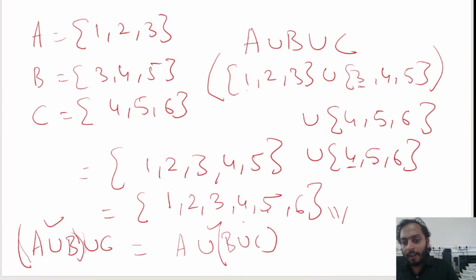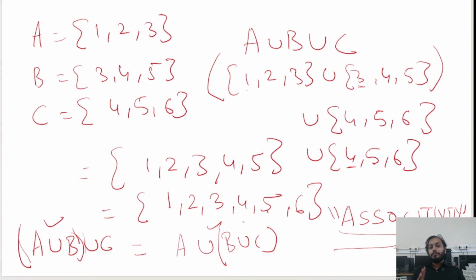And the name of this property is associativity. So I can say that my union satisfies the associativity property also. It's associative, right? Okay. Now can I come to the next one?